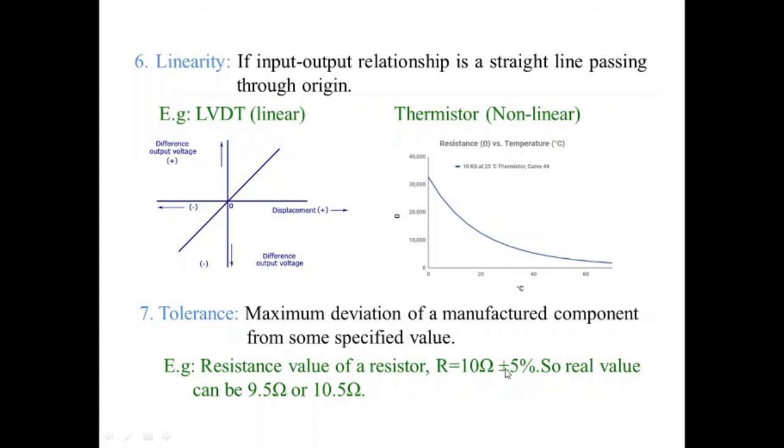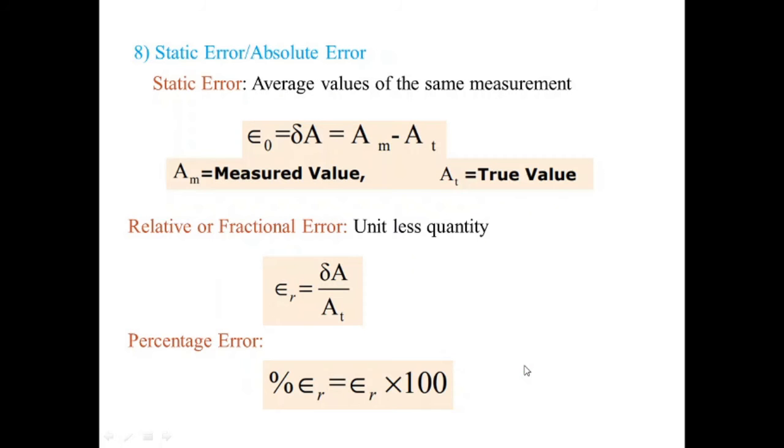So this 5% we call the tolerance. It indicates that the real value of this resistance can vary between 9.5 ohm and 10.5 ohm. So that is the tolerance level.